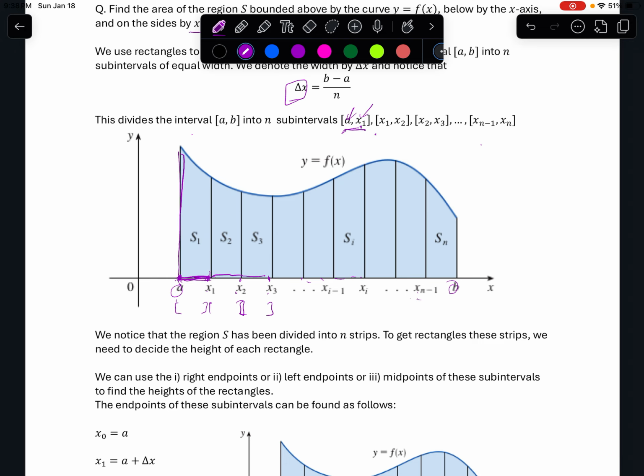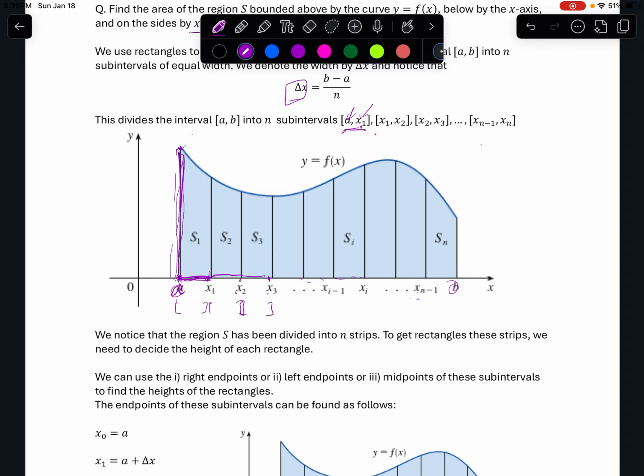At a, the y value is the height, or the distance of the point from the x-axis. So how can I figure that out?